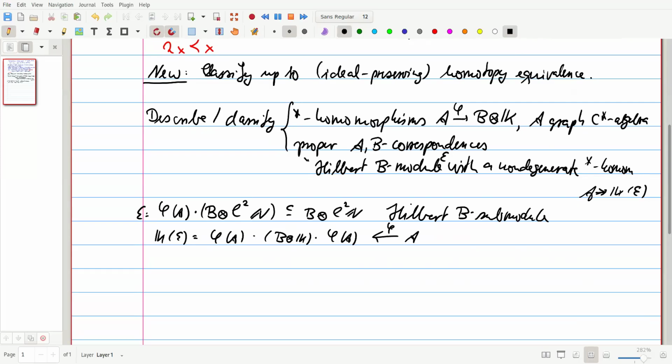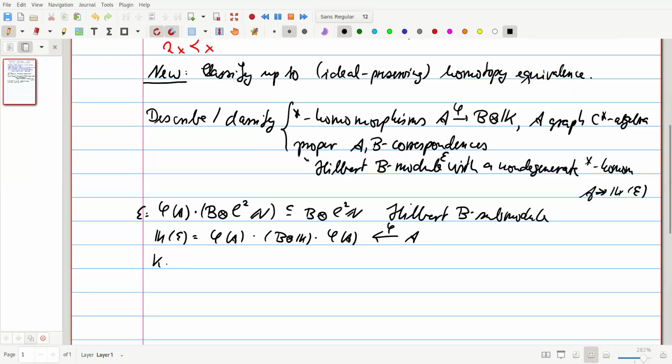To go back, you would need Kasparov's stabilization theorem. Maybe for this you need that A is sigma unital, so that the compact operators are then countably generated. So this actually really works if A is sigma unital, but this is a mild assumption, I guess.